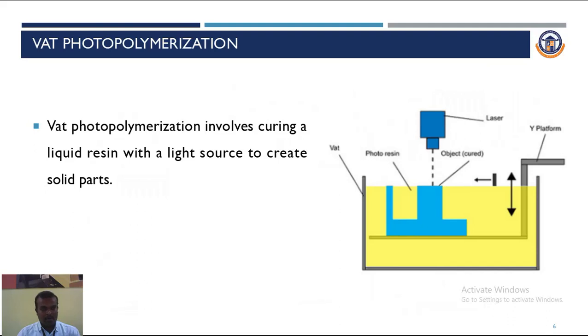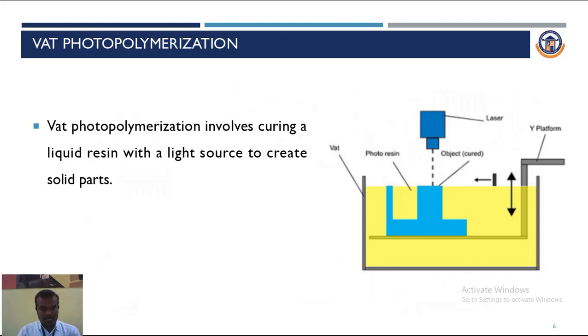On the liquid resin, we pass a laser or ultraviolet light source. When the light hits the liquid resin, it is solidified there, like in photography, where UV rays pass onto a photosensitive film. In the same way, the resin is a photosensitive resin, and the ultraviolet rays react with it and solidify it. We can get a final output product.